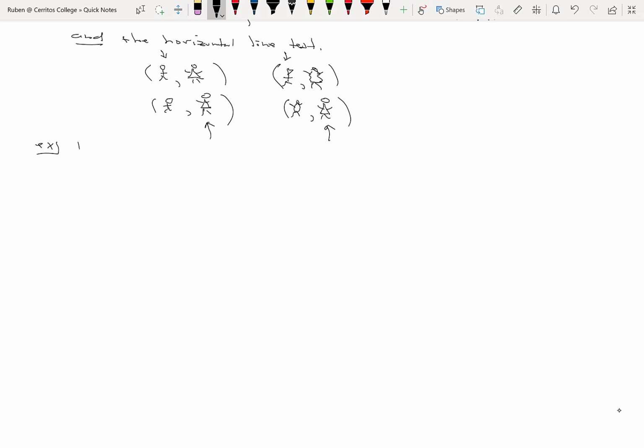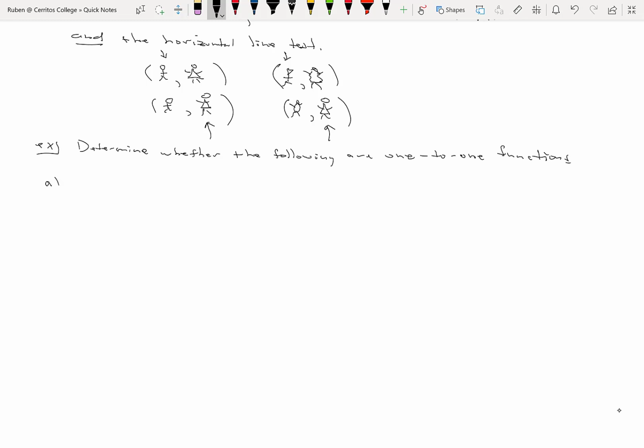For example, determine whether the following functions are one-to-one.